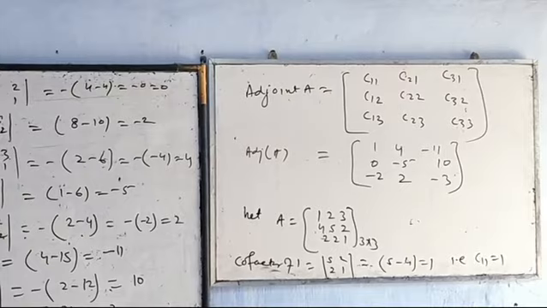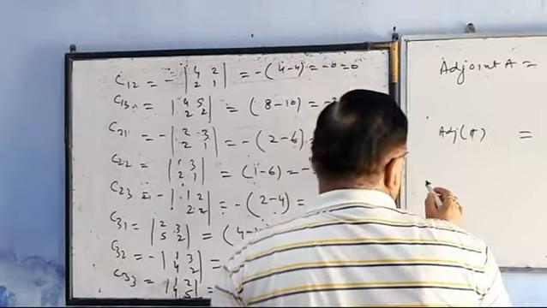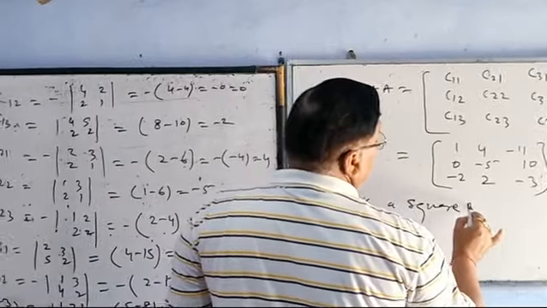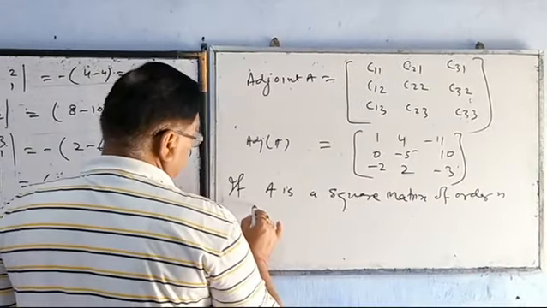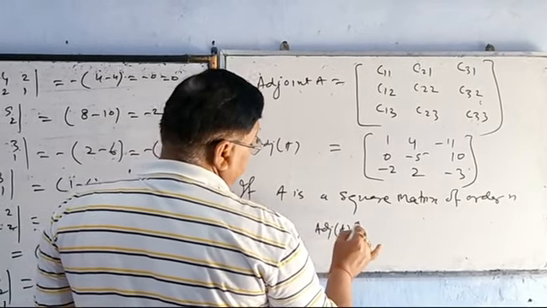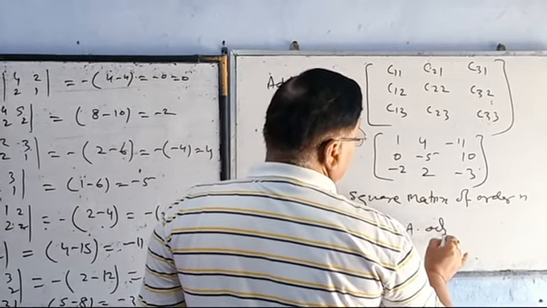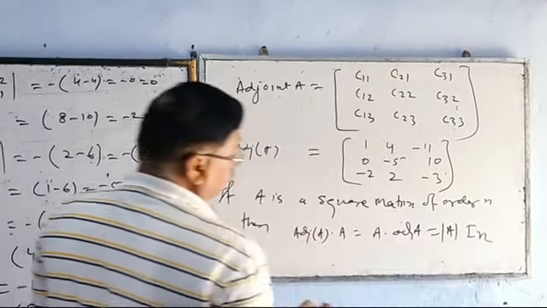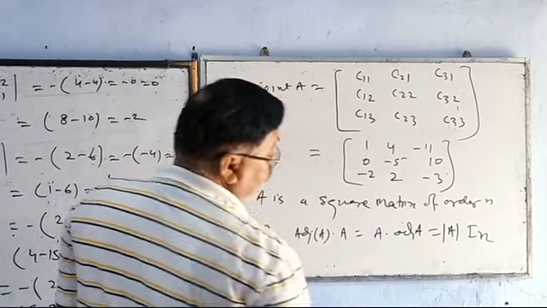Now students, there is a property. If A is a square matrix of order n, then adj A into A and A into adj A is equal to determinant of A into the unity matrix of order n.